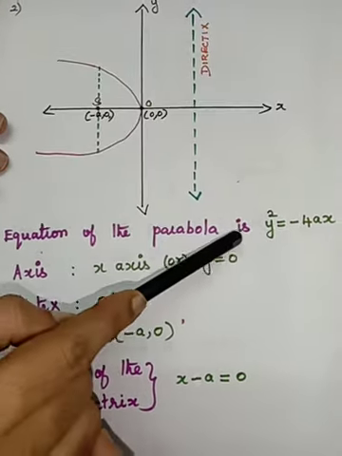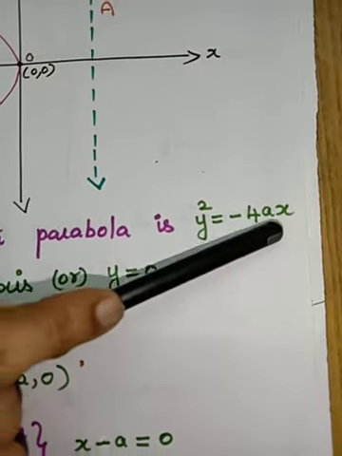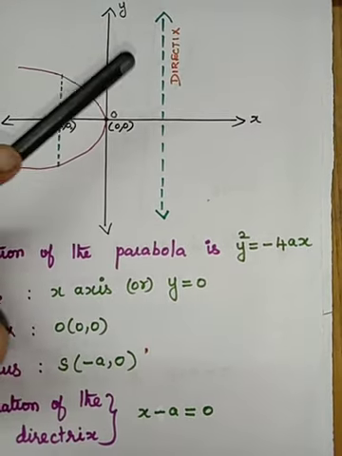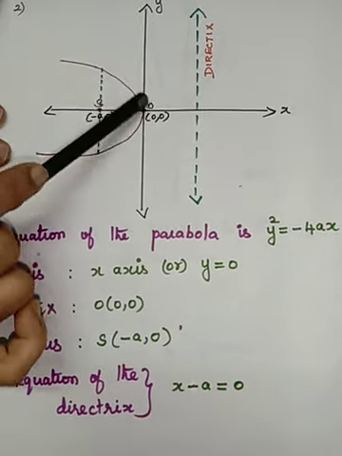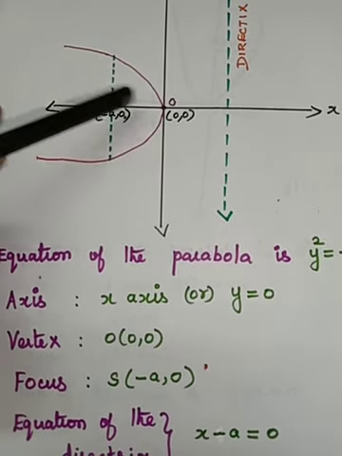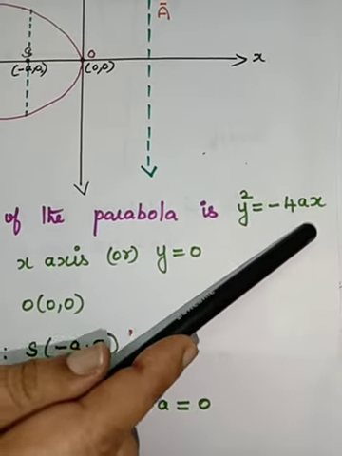So the equation of the parabola is y squared equals minus 4ax. Open rightward means y squared equals 4ax. If it opens leftward, it is on the negative side of the x-axis, so therefore y squared equals minus 4ax.